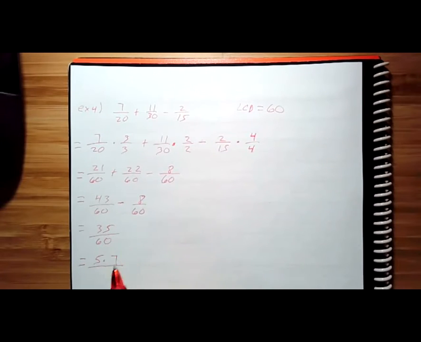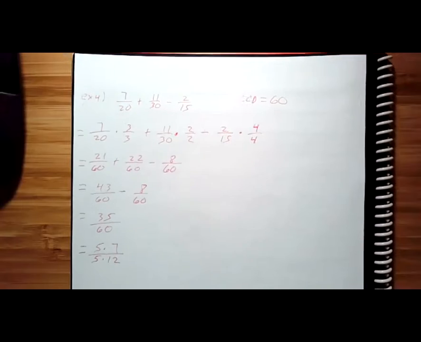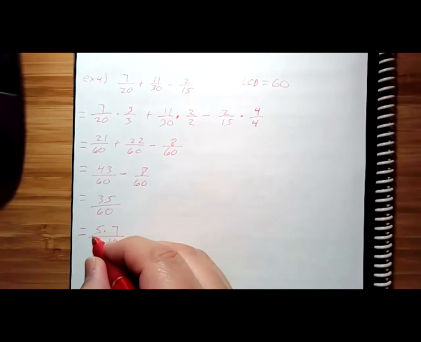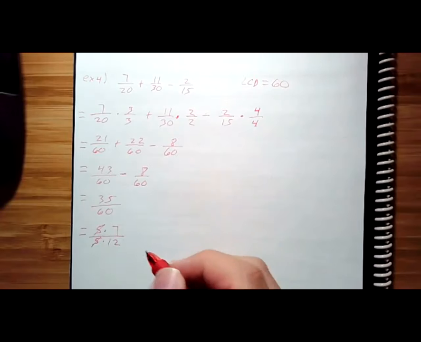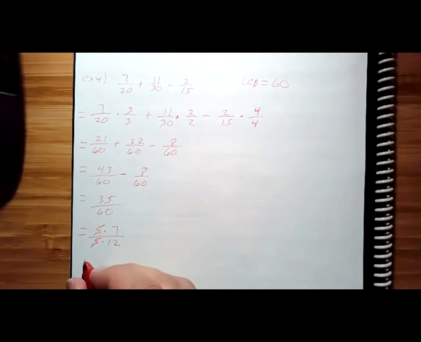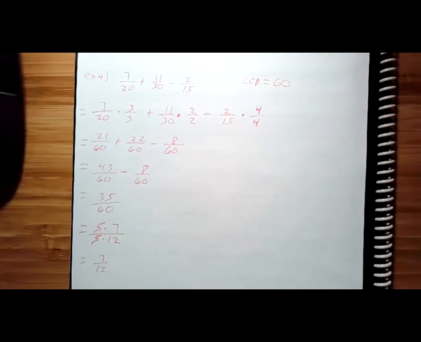And 5 goes into 60, what? 12 times? Yeah. So now that it's factored, we can cancel the 5s because it's a common factor, or you can think of it as division. 5 divided by 5 is a 1. So 1 times 7/12 is 7/12. This will be our final answer.